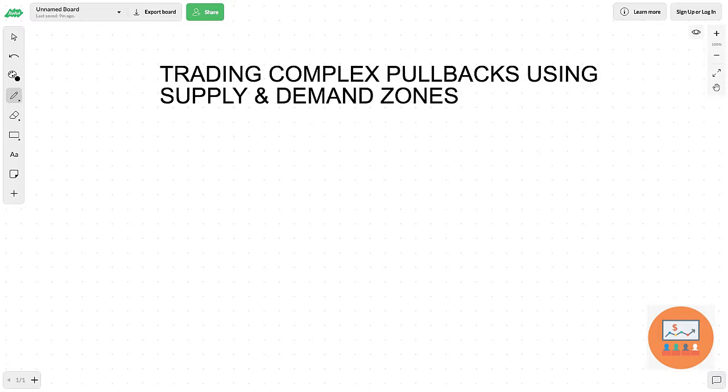Now, if you're a support and resistance trader, you normally will get caught out by what is known as the complex pullback. This is because when you're trading support and resistance levels, it's simply just a pattern and rarely takes into account value, right? So what traders will look at is just a pattern.